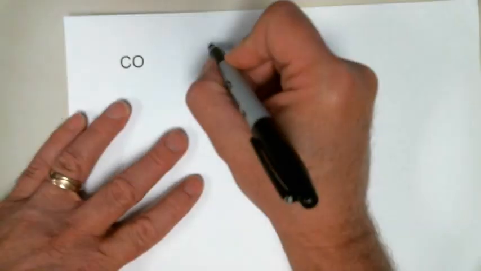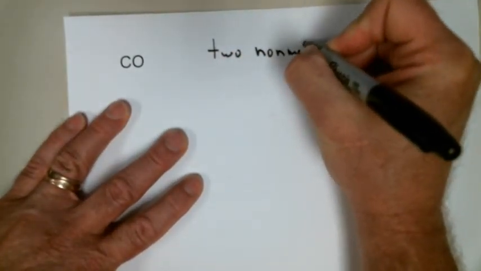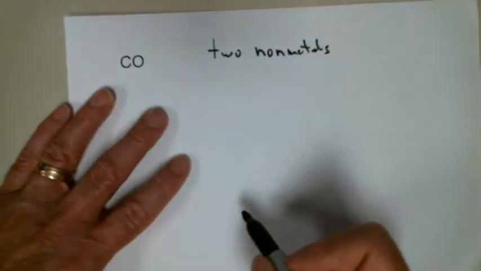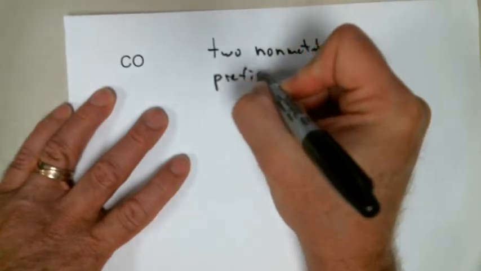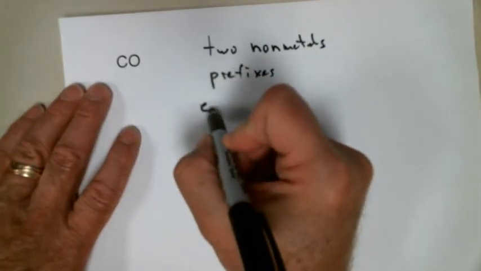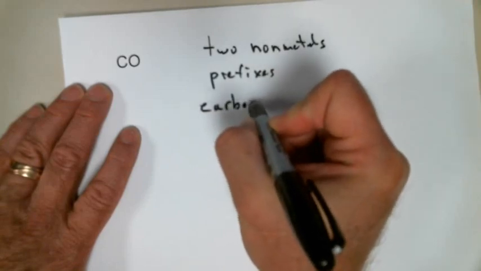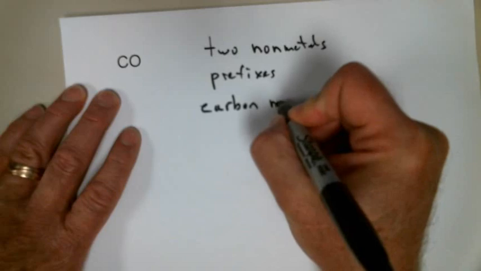Okay, so last one on the list, I believe. And so we look at it again, and we've got 2 nonmetals. And so it's going to be prefixes. We don't put the mono in front of the first element, but the second one we do.